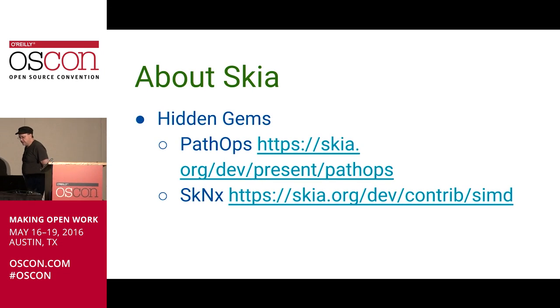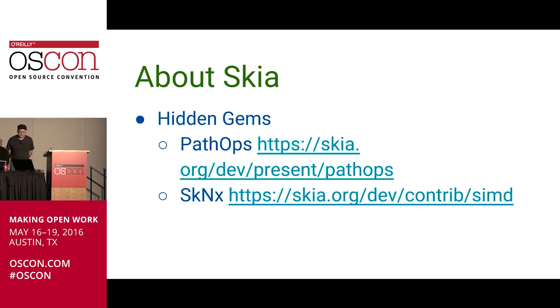Path-ops is interesting because it's path operations, but it's on conics, and if you know anything about path operations, you'll know how impressive that is. And SKNX is basically an interesting way of doing SIMD, but calling it from templates, so you can just do high-level work in C++. So nothing I'm going to talk about today, but those are interesting things if you're interested. And again, all open source.